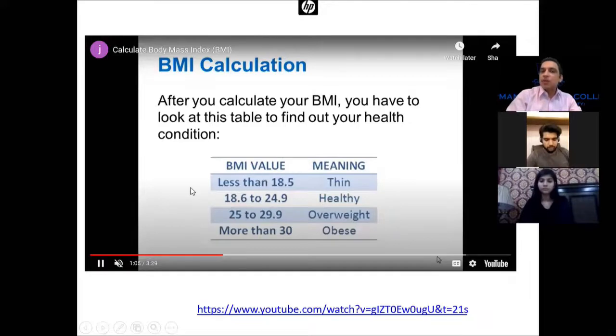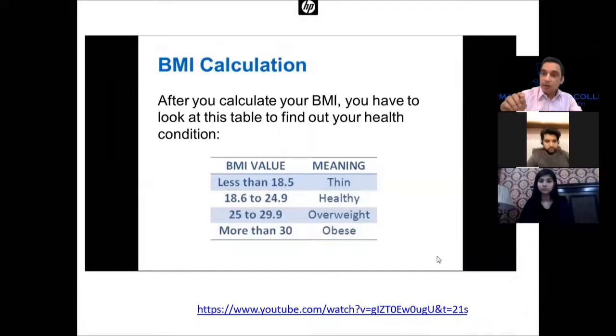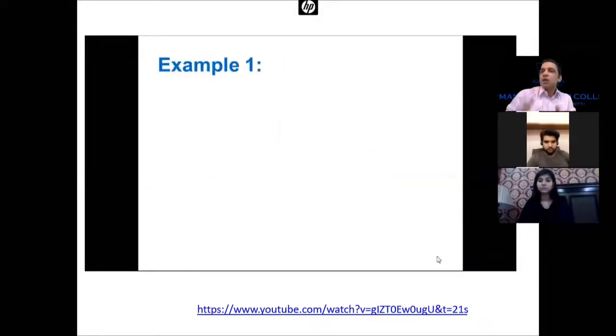It's not about telling them their BMI, but also telling them where in the scale they exist: whether they are in the middle of the normal range, close to overweight, or close to underweight. Here is an example.